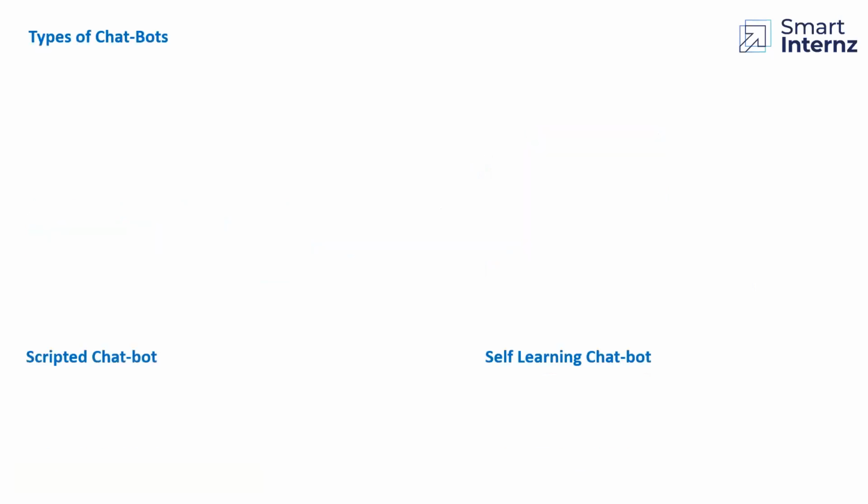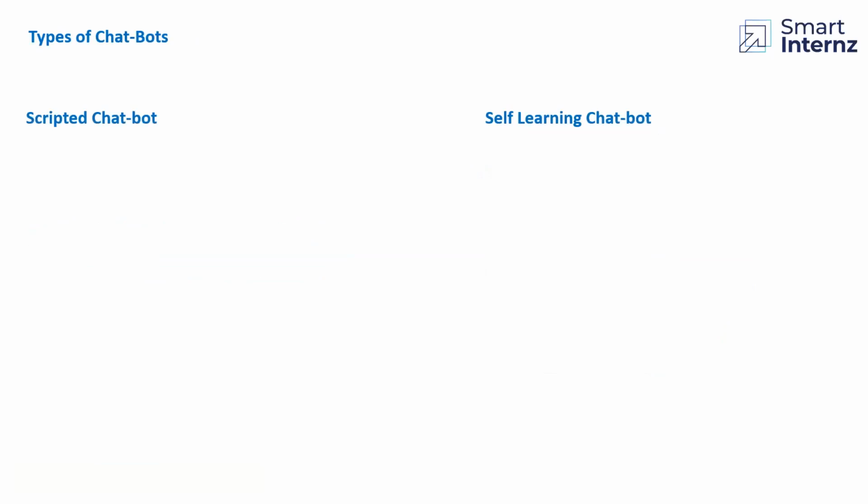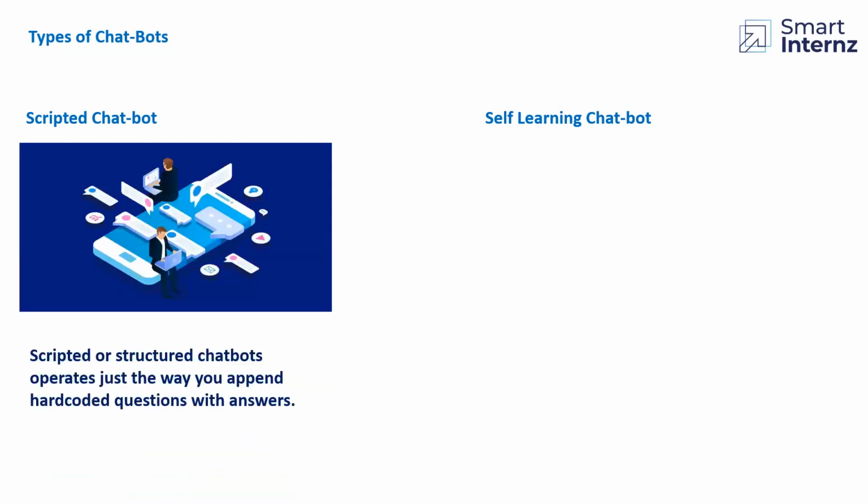Firstly, we need to understand the different types of chatbots. There are different types of chatbots in the market right now, such as the scripted chatbot and the self-learning chatbot. Scripted chatbots are those which have predefined questions and predefined answers.